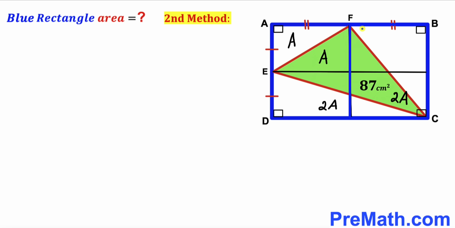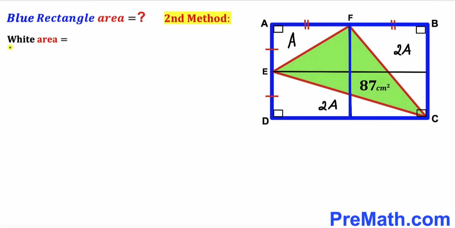And now we are going to focus on this other half rectangle as well, along with this diagonal CF. So therefore if the area of this white triangle is 2 times A, then this other triangle area is going to be 2 times A as well.